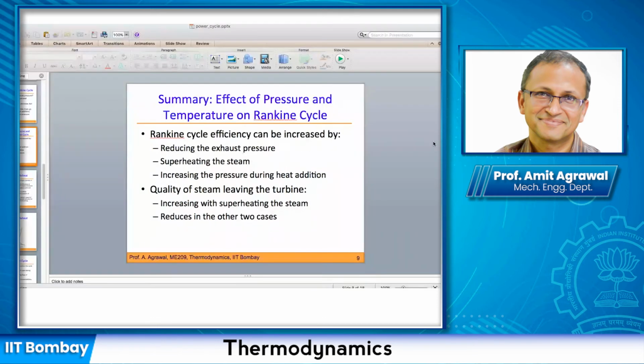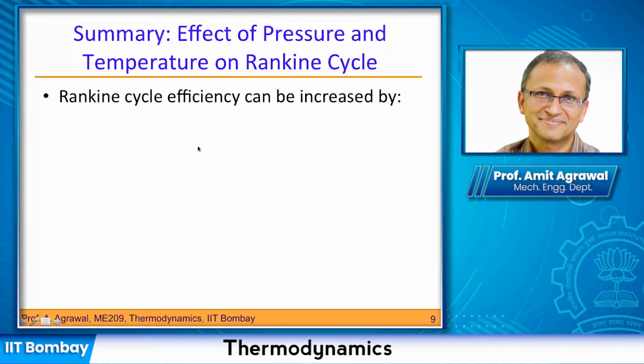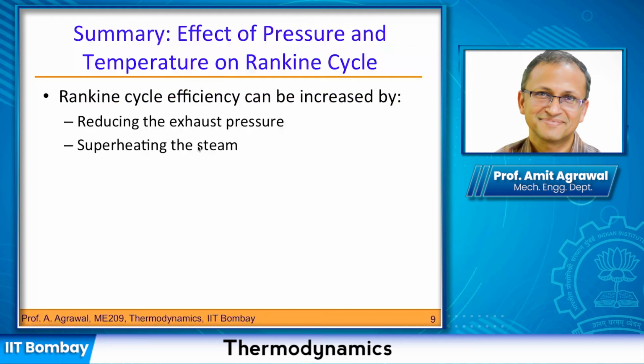Okay. So if you were to summarize what would happen, and of course this now answers the question that was asked to you a long time back about what you would do to increase the work output from a turbine. At that time I had not given you the answer, but now we have. We had asked you to think about these possibilities and do some calculations.